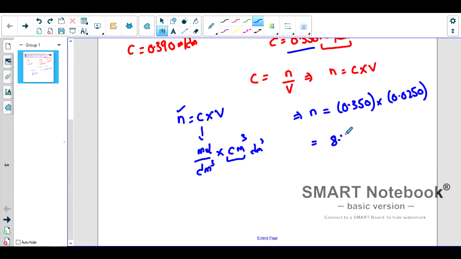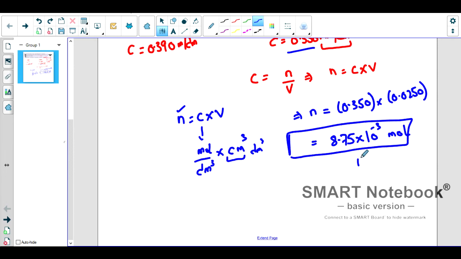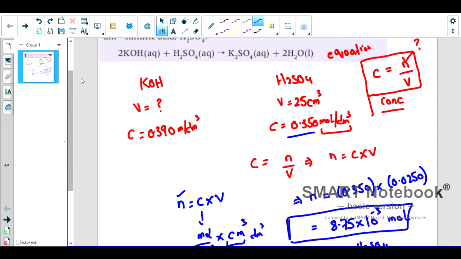It is 8.75 into 10 raised to power minus 3 moles. This is the moles of acid, but we need to find the moles of the base, because we don't have the number of moles here, so we cannot find the volume.